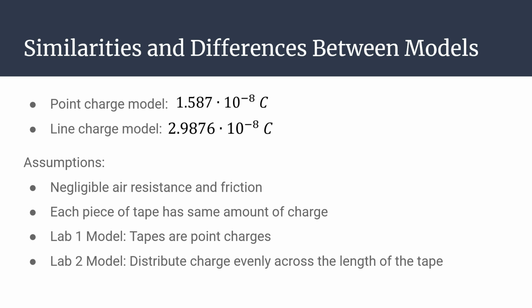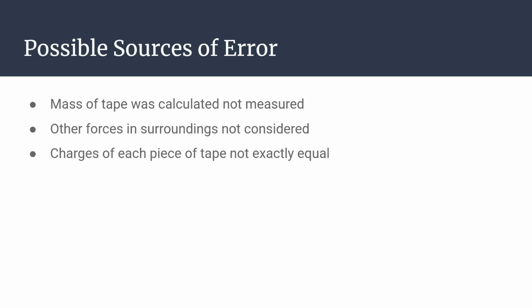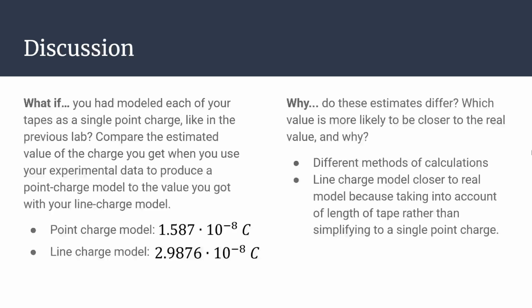With the Lab 1 model, we're utilizing Coulomb's law, treating the tapes as point charges, but in the Lab 2 model, we're utilizing the electric force of a thin rod, having the charge distributed evenly across the length of the tape. Some possible sources of error include that the mass of the tape was calculated, not actually measured, other forces in the surroundings were not considered at all, and charges of each piece of tape may not be exactly equal.